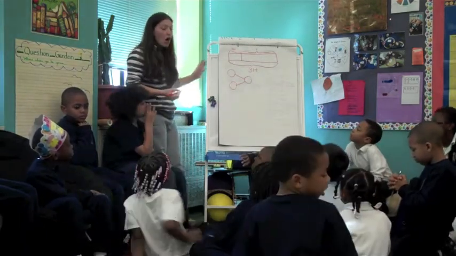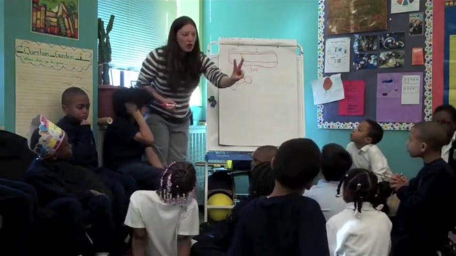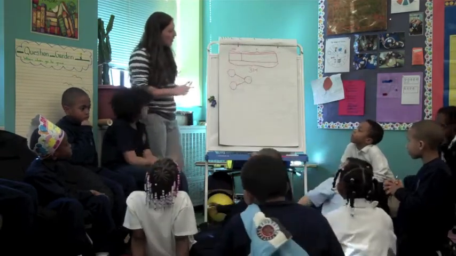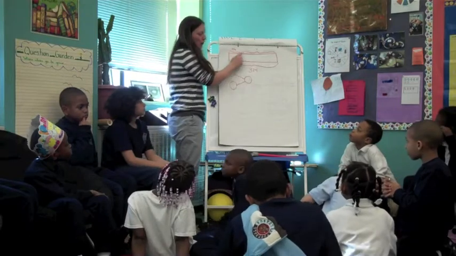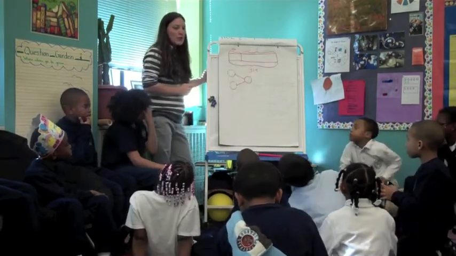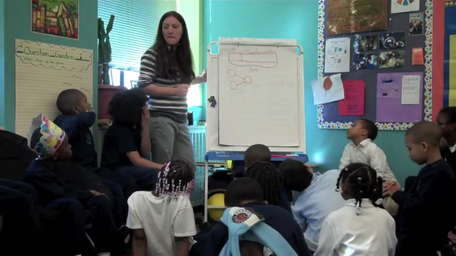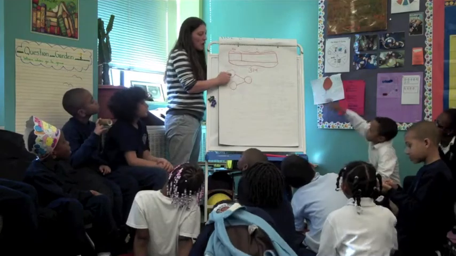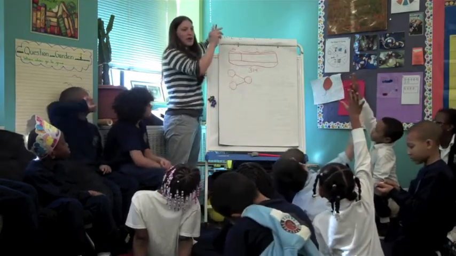Now, part has 2 sections, right? Well, when you're looking here, I see 2 sections at the top. So those are your parts. What's 1 part going to be in my number bond?